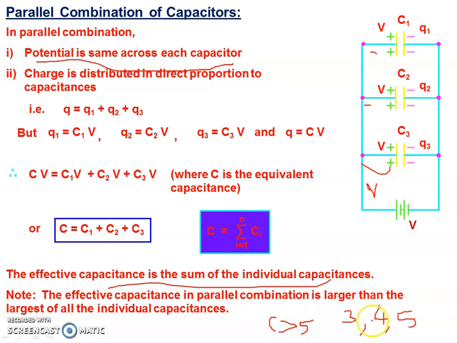Now see, 3 plus 4 plus 5 is equal to 12, which is greater than 5. But when we connect these capacitors in series, we will get a capacitance less than 3, that is, less than the smallest capacitance, right.